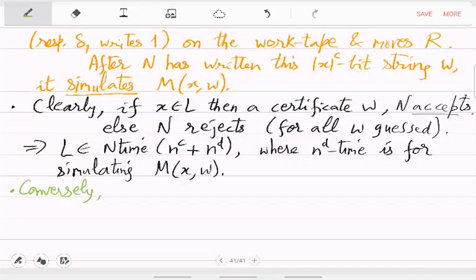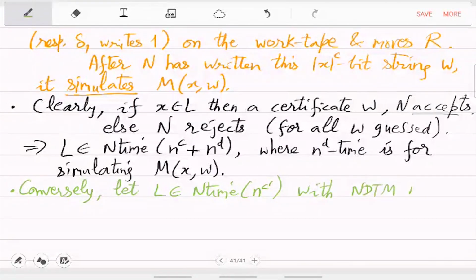So, conversely, let L be in NTIME n to the c prime with the NDTM N of time complexity less than n to the c.